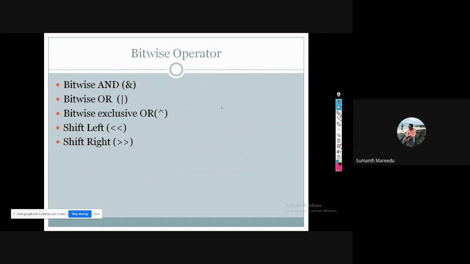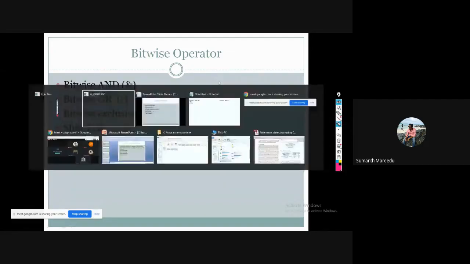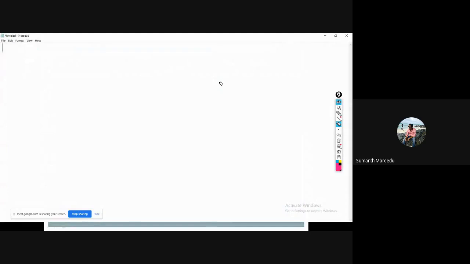So first one is bitwise AND. In this bitwise AND, suppose I say, I'll not write it here, I'll directly write it in the notepad. So I'll take bit 1 and bit 2. Either it is 1 or 0, that's it.